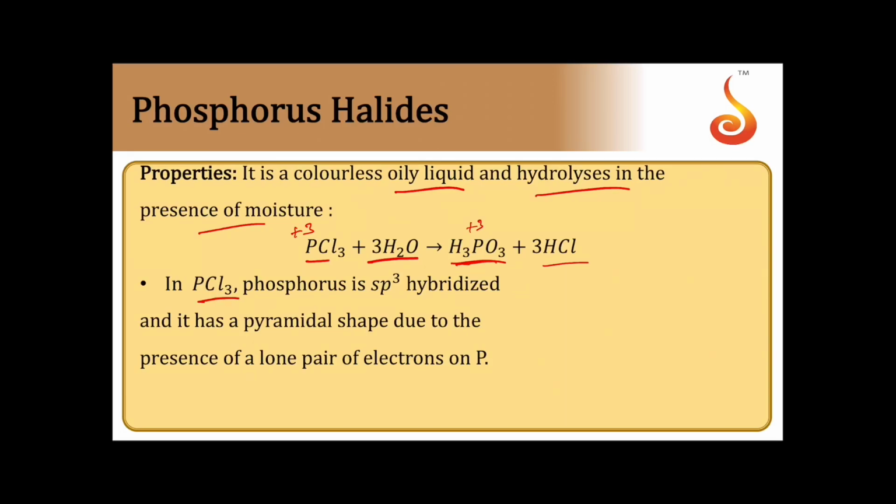In PCl3, phosphorus is sp3 hybridized. It has a pyramidal shape due to the lone pair of electrons: phosphorus has three bonds to chlorine atoms and one lone pair, so it is pyramidal with sp3 hybridized phosphorus.